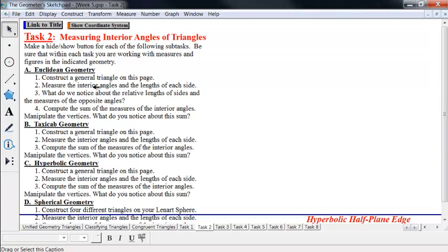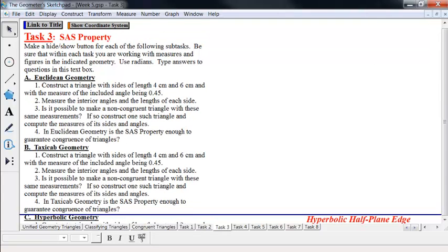You do that in general for Euclidean, taxicab, hyperbolic, and spherical geometry, and it says to do four different ones. In Euclidean geometry, you can just make a dynamic one and move it around, and you're doing thousands of examples.